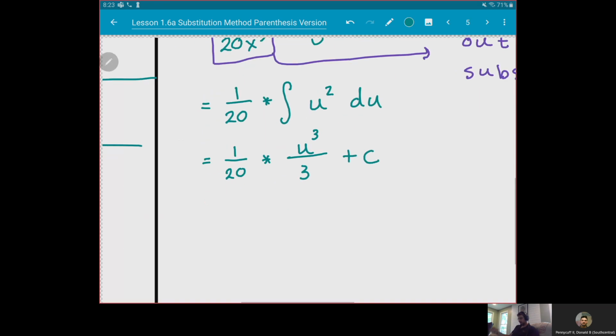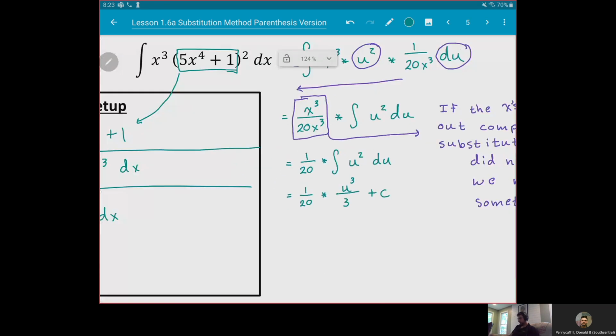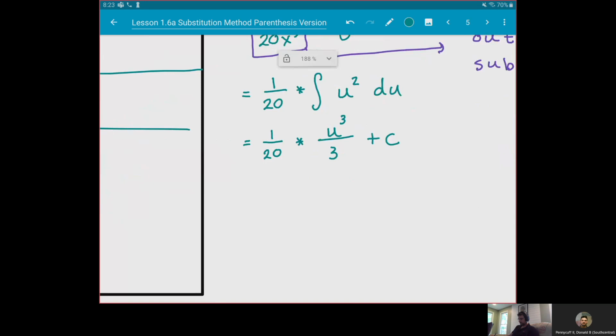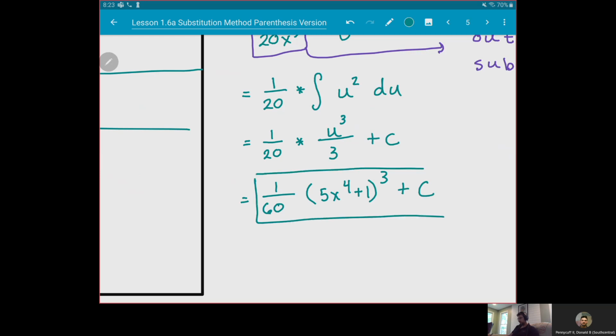Going to go ahead and put in my original 5x to the 4th plus 1. So it's 1 over 60 times 5x to the 4th plus 1 cubed plus c. So right here is my finished product.